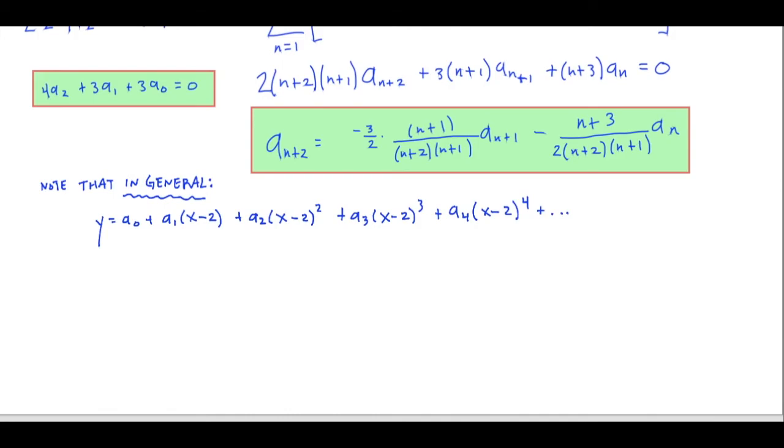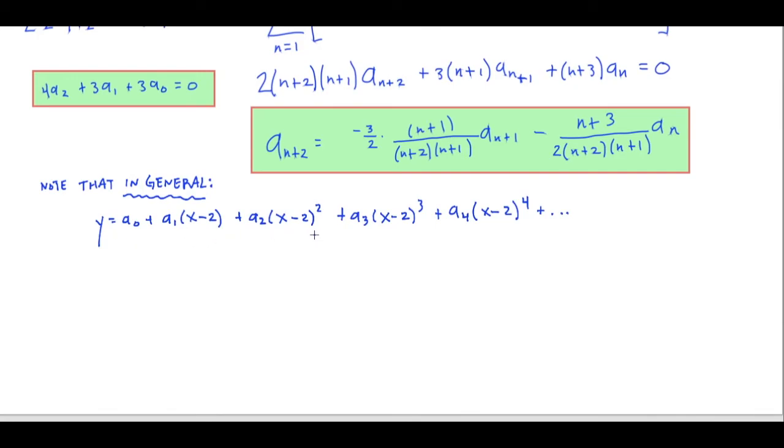First, let me just make a general observation about the structure of my solution. Remember that y is a series expanded about x equals 2. So if I don't try to give any specific detail regarding these coefficients, if I simply write them as a sub 0, a sub 1, etc., then this is the general structure of my solution.